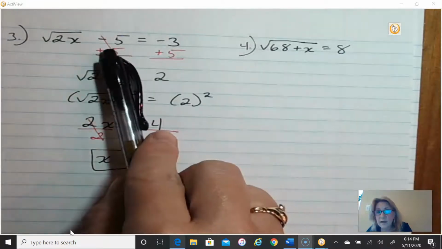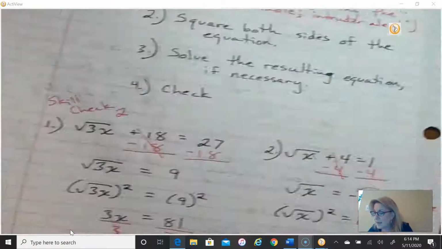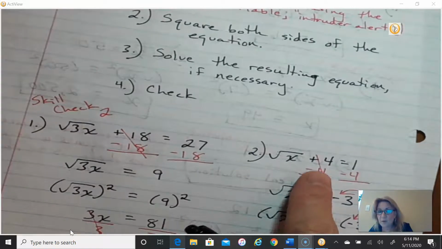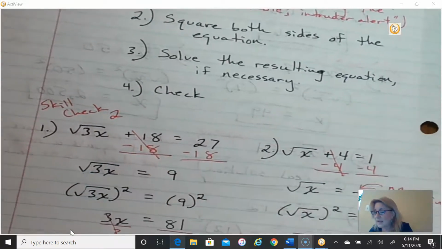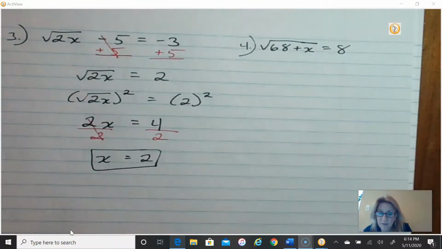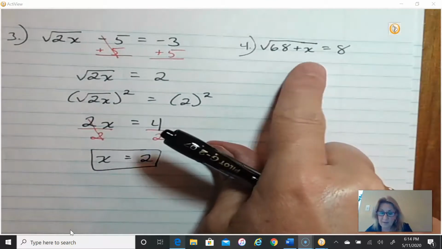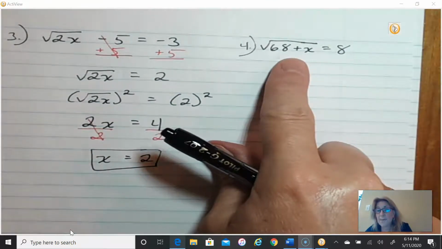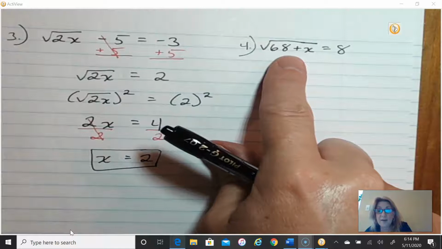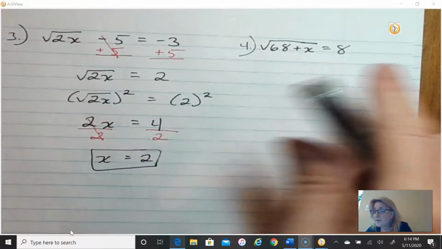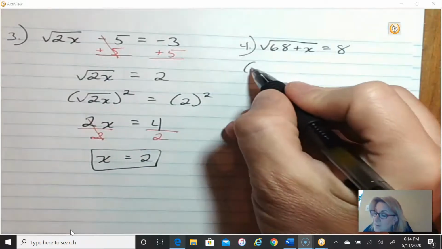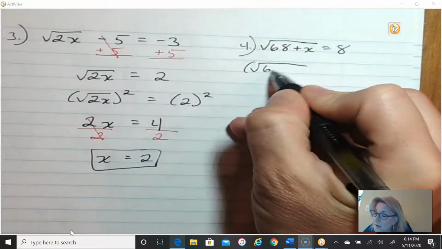Like right here, we had negative 5, and over here we had a plus 4 and a plus 18. Okay, well, here, this is all we've got. We don't have to move anything. And so we've isolated the radical already. So now all we have to do is square both sides.